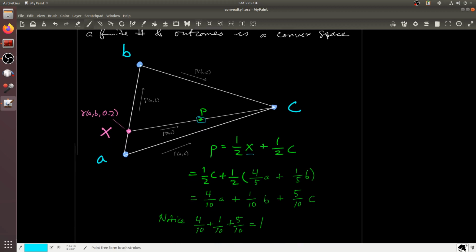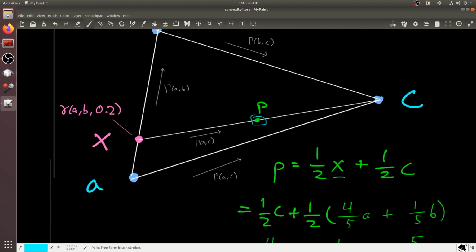So this is showing an example. We have point A, point B, and the straight line between them is all probability distributions on A and B. Then you take some random point P in the simplex, and draw the straight line from C down to the line from A to B, and call that point X. Say X is gamma of A, B, and 0.2, and P is halfway between them.